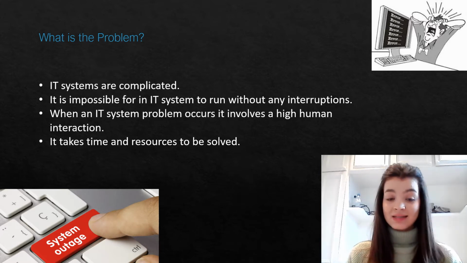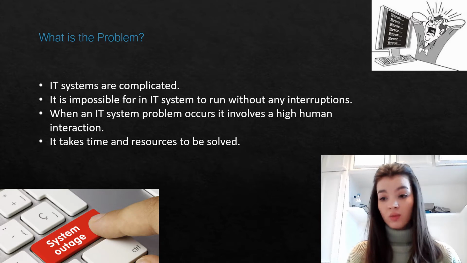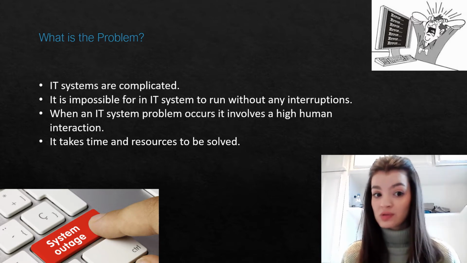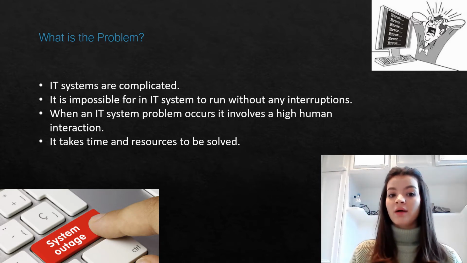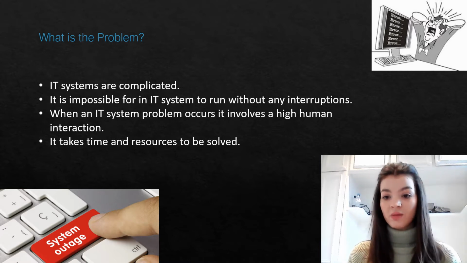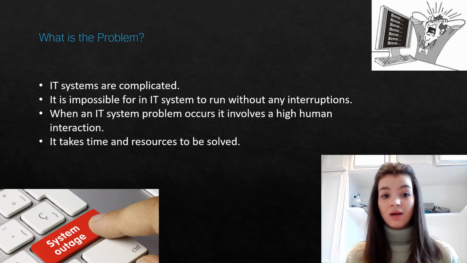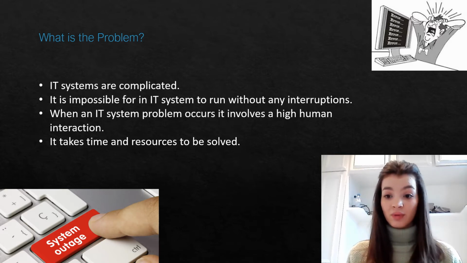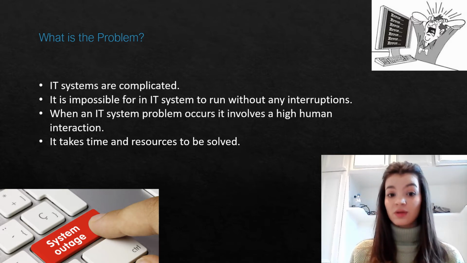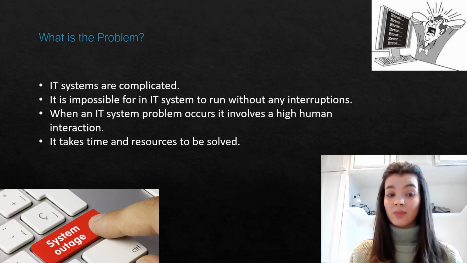And when an IT system problem occurs, it involves high human interaction, which means IT specialized professionals, for example, and it takes time for a professional to find where the problem is and identify it. Therefore, the organization is going to be spending money by paying the professional to find the problem and solve it. Therefore, it may take time and resources for this problem to be solved.